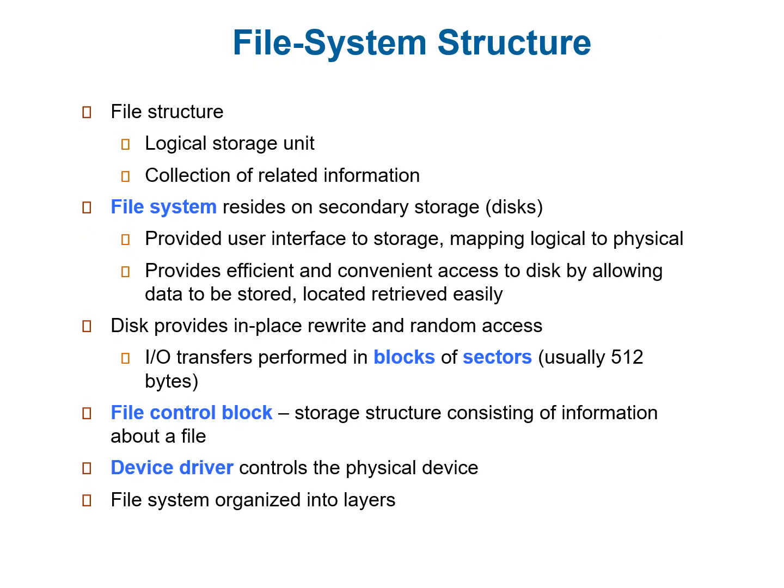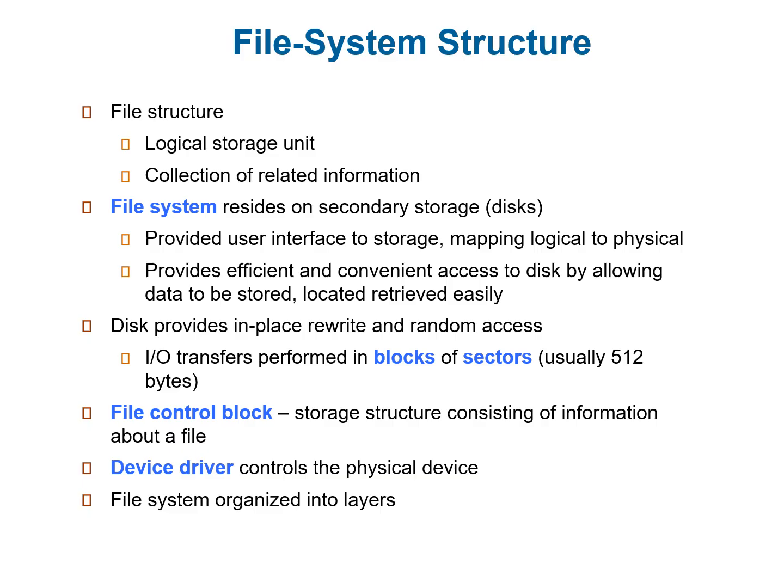So file system structure. We know what a file is. It's a logical storage unit that contains a collection of related information. File system resides on secondary storage. Whatever you are doing, everything is going to be stored in the secondary devices. When you want to access the files, they will be taken from the secondary to the primary device.